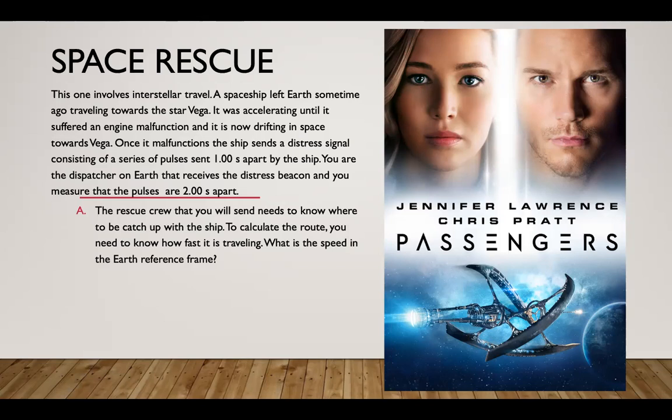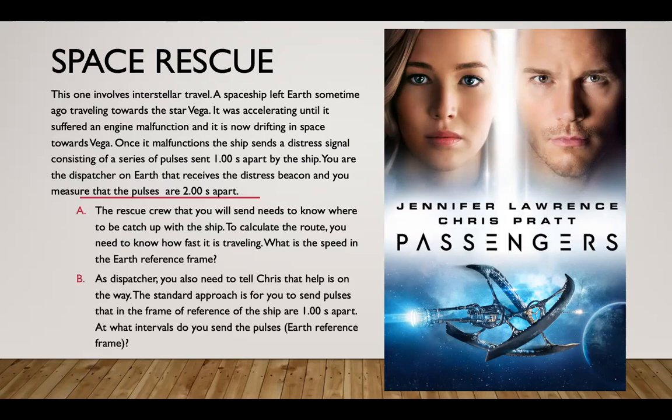And then there's a second part. You're the dispatcher, right? So you also need to tell Chris that help is on the way so that he doesn't do something stupid. The approach is that you get the distress signal, then you start sending your own signal back. The standard approach is that you send pulses that in the frame of reference of the ship are 1 second apart. At what intervals do you need to send the pulses?